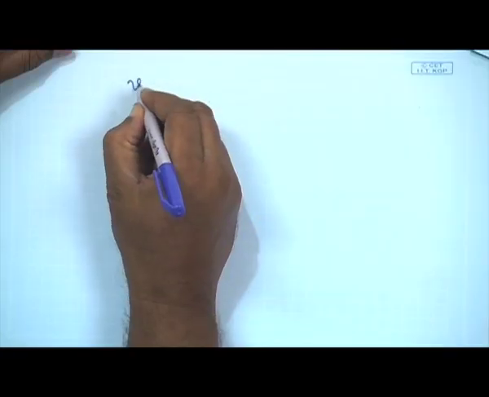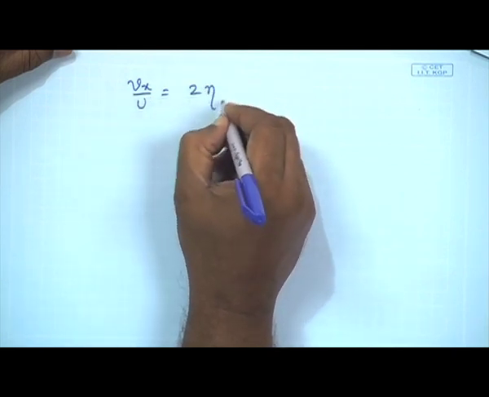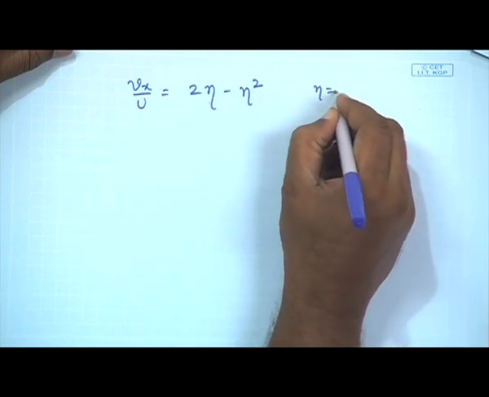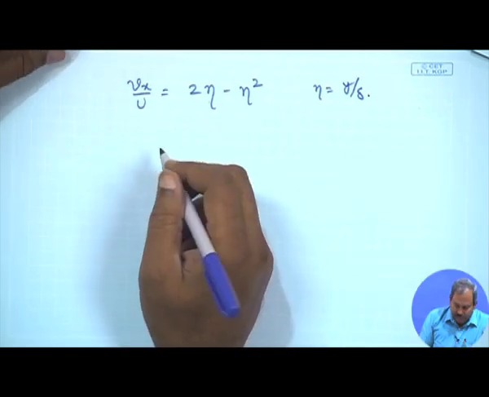When you evaluate the values of A, B and C utilizing these fundamental physical relations, what you get is Vx by u equal to 2 eta minus eta square, where eta is equal to y by delta. Now it becomes pretty straightforward.